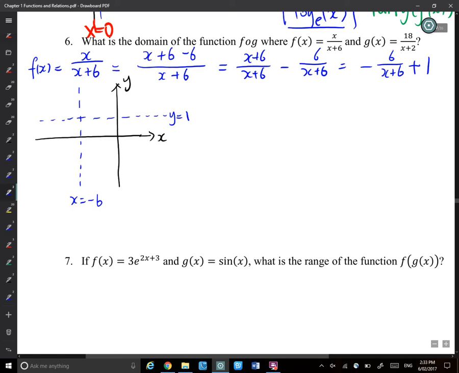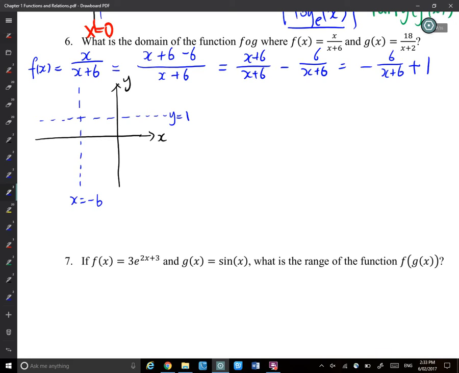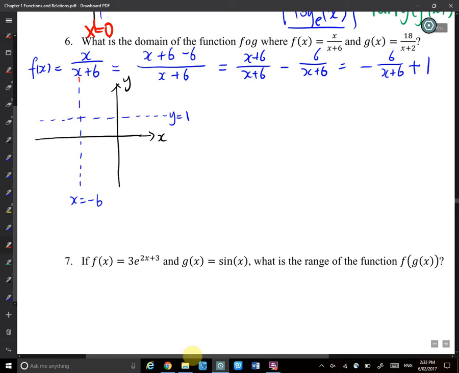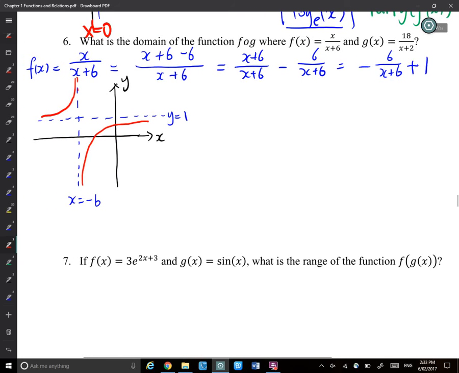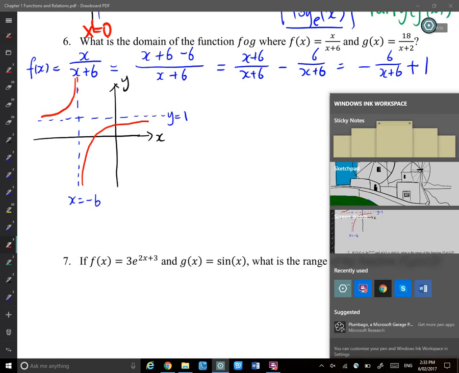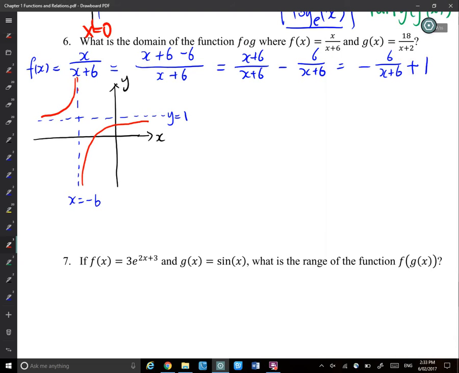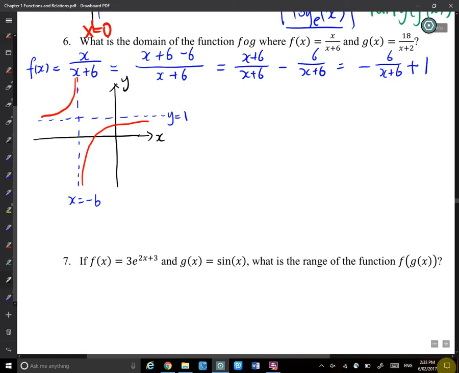Alright, so in this way I will have this graph here and here. So that's my f function. So what does my g function look like?